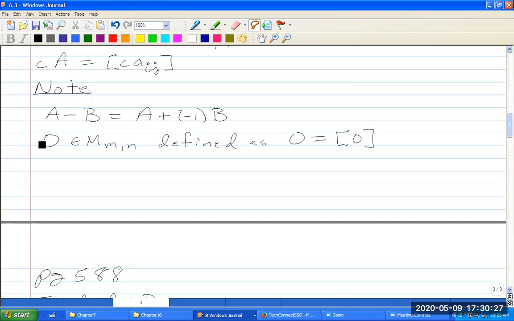The zero matrix is denoted by 0, and is defined as the matrix such that every ith, jth element in the matrix is 0.